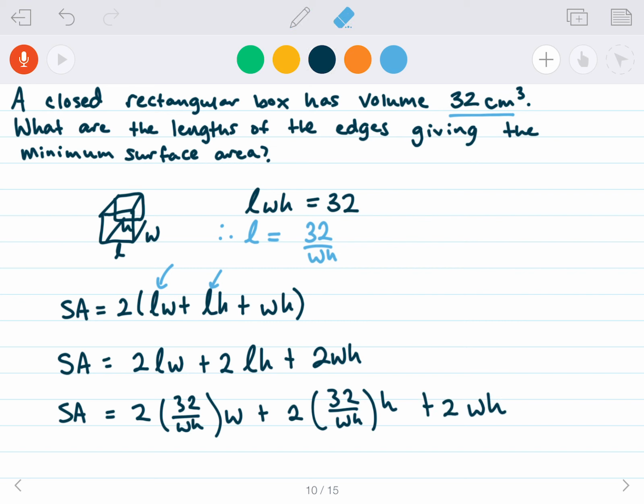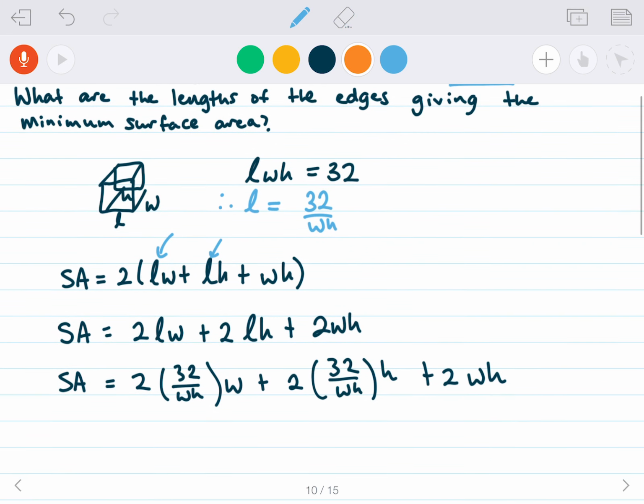Notice the W's cancel, the H's cancel, and I'm left with surface area equal to 64 h to the negative 1 plus 64 w to the negative 1 plus 2wh. And I'm trying to minimize this function.